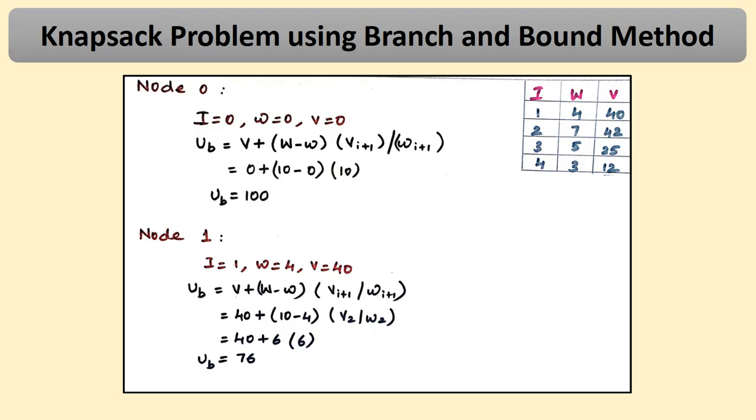V2 is 42 and W2 is 7. Just look at the table. For item number 2, the weight is 7 and value is 42. So value divided by weight, 42 divided by 7, the value is 6. So when you substitute all these things, the upper bound value for node 1 is 76. Now using this value, we are going to construct the state space tree.